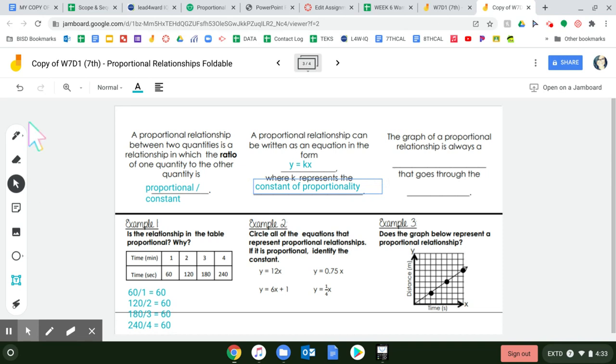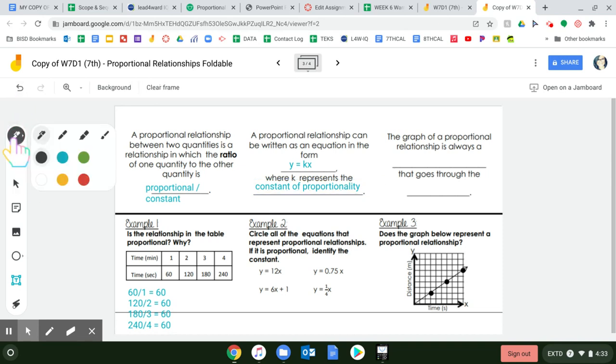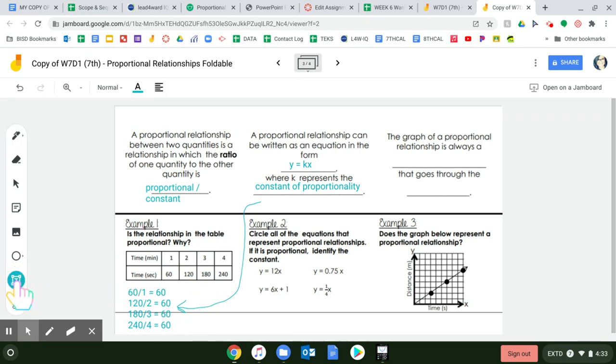That is the big takeaway: when you are dividing y divided by x, those numbers you get, that is the constant of proportionality. So if I was going to write an equation for this table, my equation would be y equals 60x.